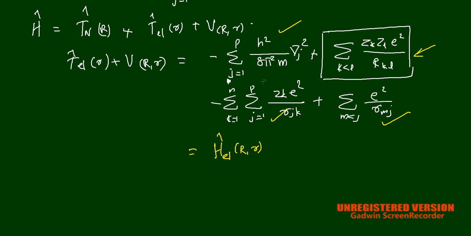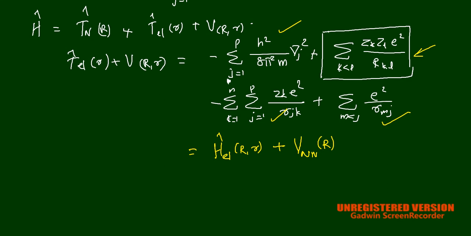It talks about the electronic kinetic energy, the electron repulsive potential energy, and also the electron nucleus attractive potential energy. So it depends upon both the position coordinates of the electron and nucleus. Plus the second term we can write as V_NN(R), the potential energy due to the nucleus repulsion.